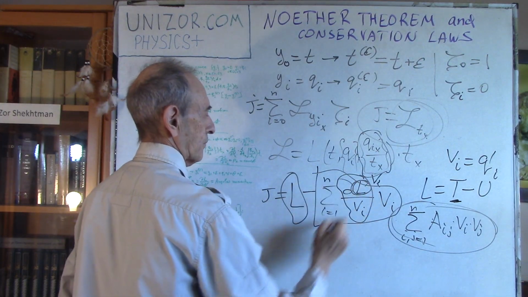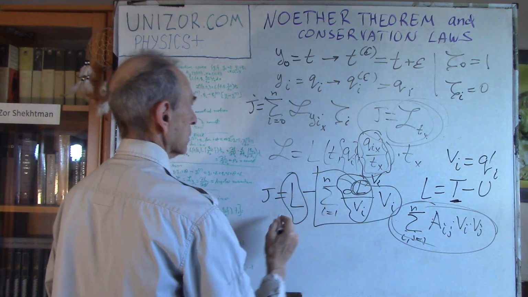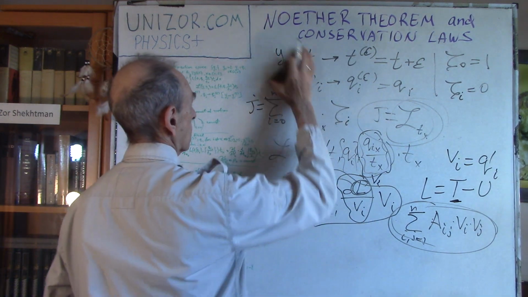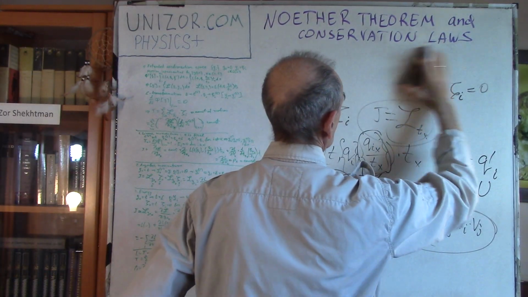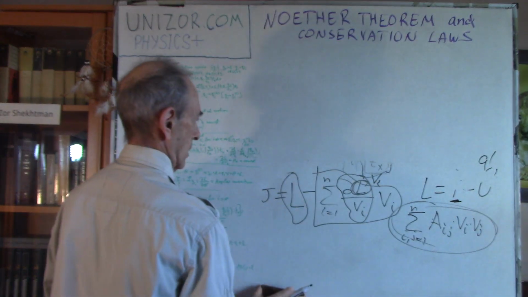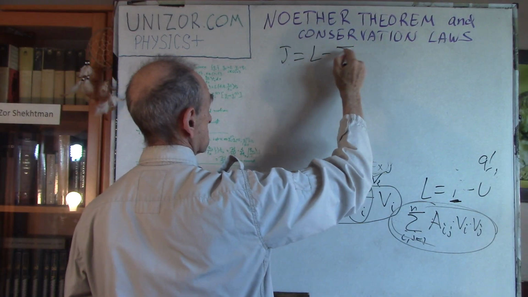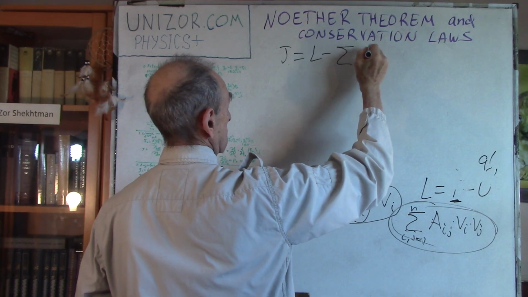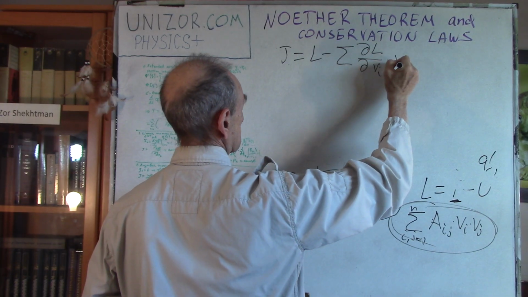That's important. So it's very easy to prove that this part, so again, J is equal to L minus the sum of dL by dVi times Vi.